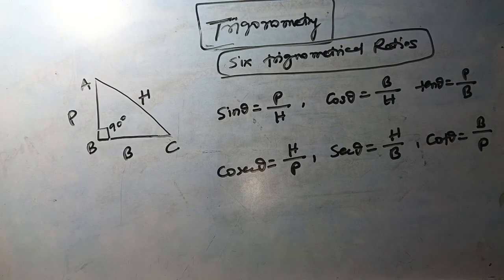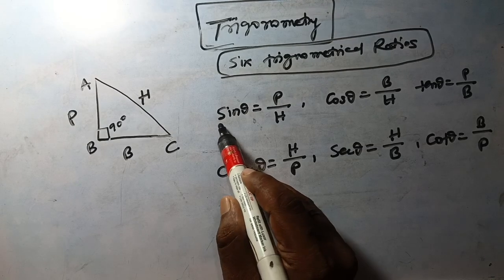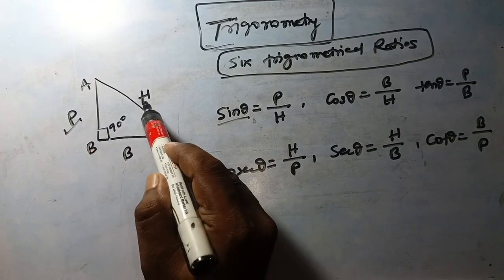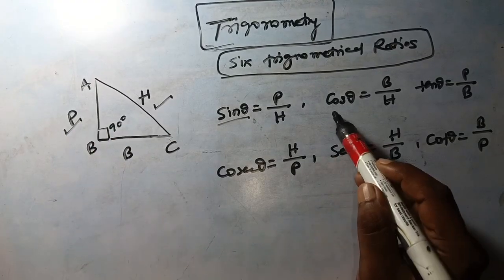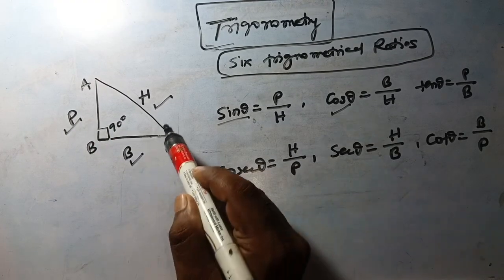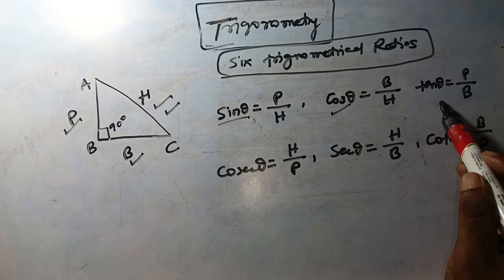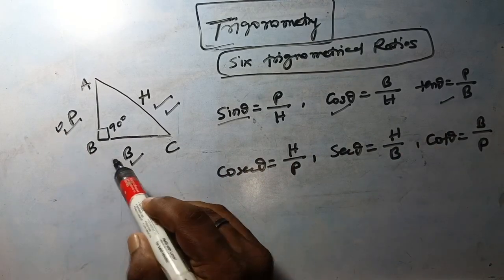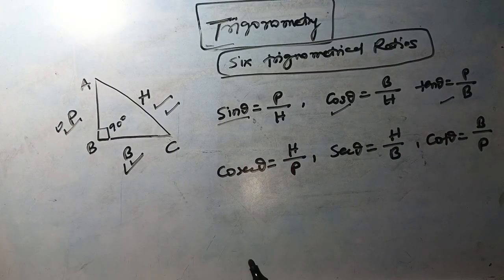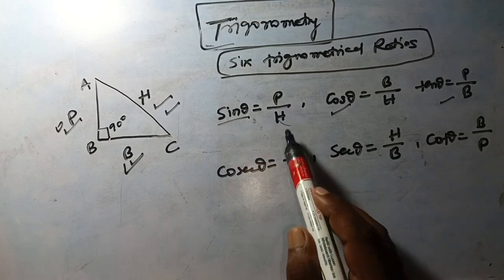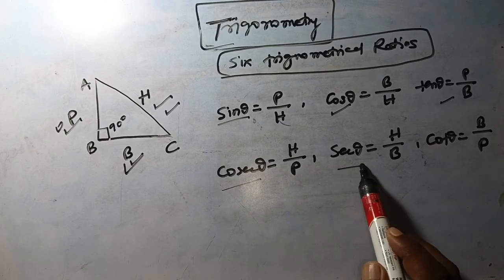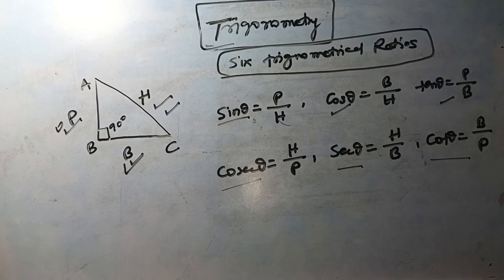So let's talk about these ratios one more time. Sin theta is perpendicular upon hypotenuse, cos theta is base upon hypotenuse, tan theta is perpendicular upon base, and the reciprocals of these ratios are cosec theta, sec theta and cot theta.